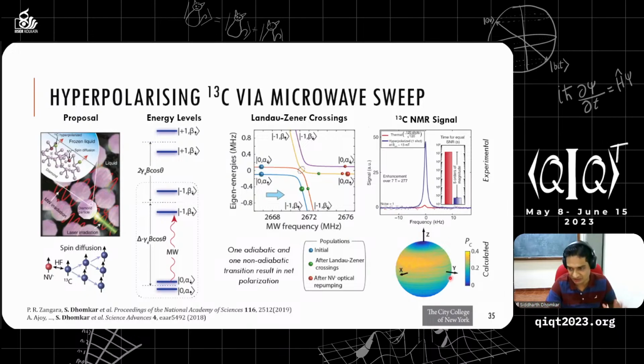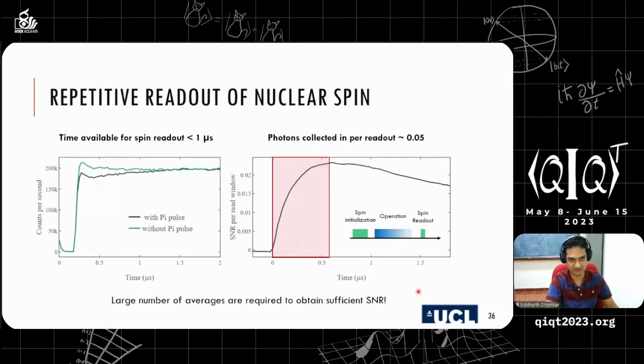This plot shows the final polarization of nuclear spins as a function of the angle of the external magnetic field. It is sensitive, but very much insensitive, and over a large domain you are still able to get huge polarization.